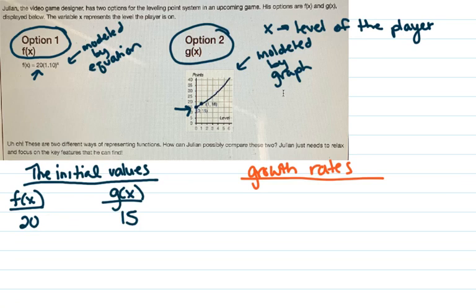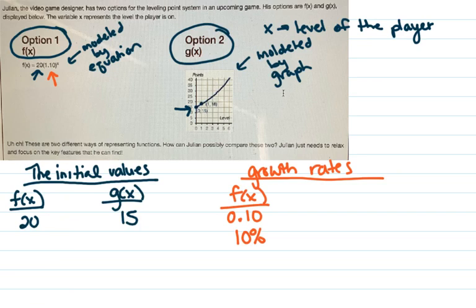So it looks like for option 1, so for f of x, our growth rate, we know it's bigger than 1, so it's being added to 1, and so 0.10 is what's being added to 1, and so our growth rate is 10%. So it looks like every level, the points grow by 10% of the previous level.